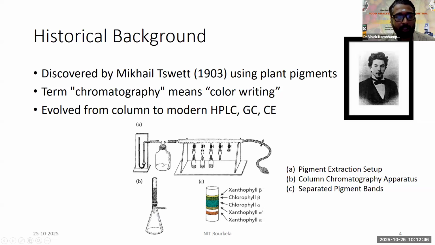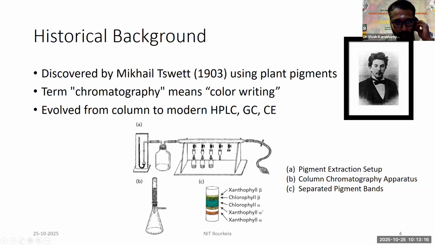In this jar the mobile phase will be filled, and then the mobile phase along with the sample will travel inside this column and come onto the stationary phase. This pipe will be connected to this stationary phase. In the stationary phase, different solid materials will be packed in this tube. Based on the color, the separation will take place, right?